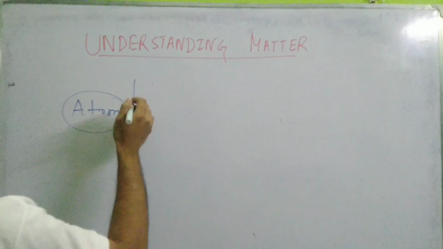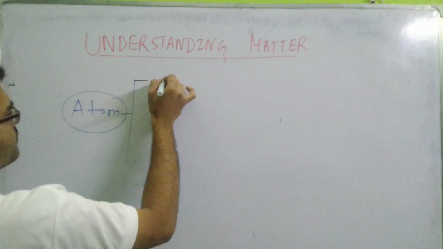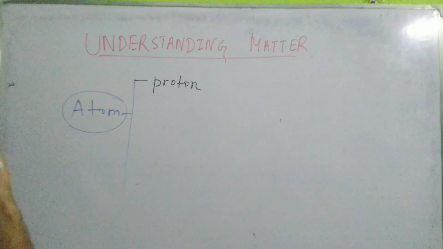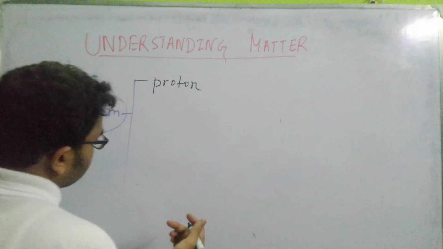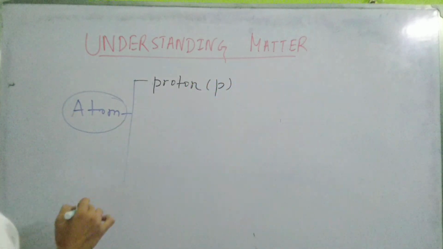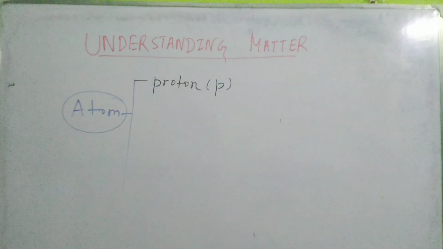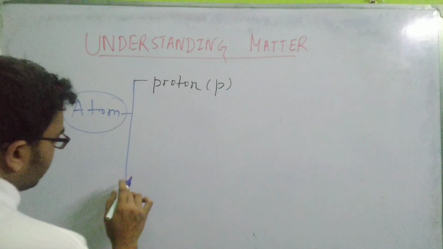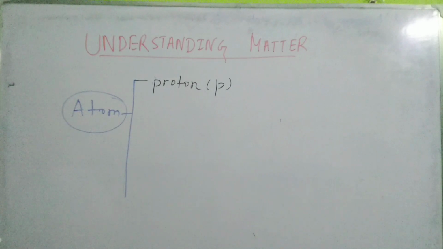First is the proton. The symbol of the proton is generally written by the letter P. Now this proton has a charge on it, and it is a positive charge. So basically the proton is the positively charged particle present in the atom.